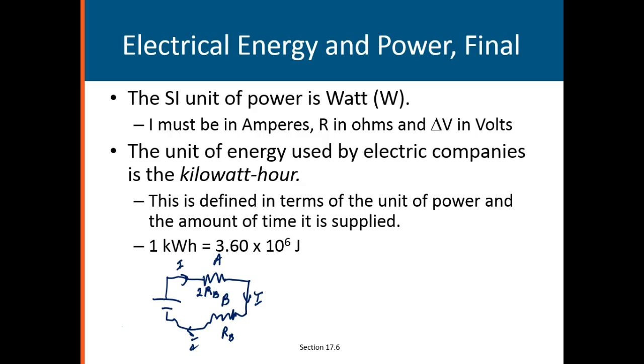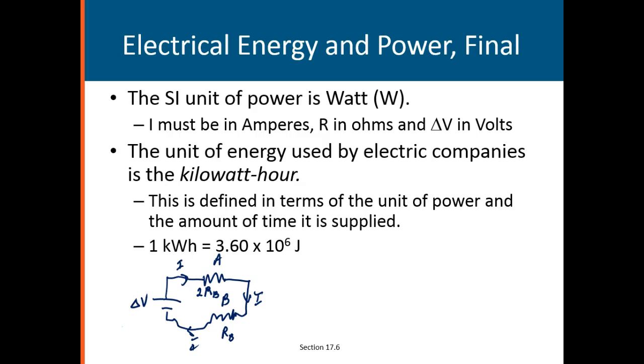This voltage here, we'll call it delta V. We don't know what it is, but that's what it is, delta V. Now, the question is, which resistor dissipates more power? Okay? Now the I's are the same through both of them. The resistance here is greater than that. So which dissipates more power?